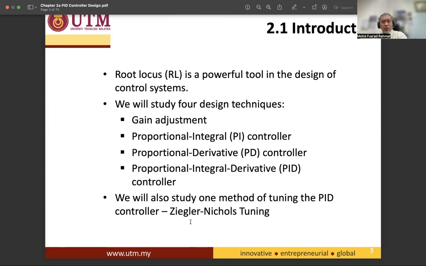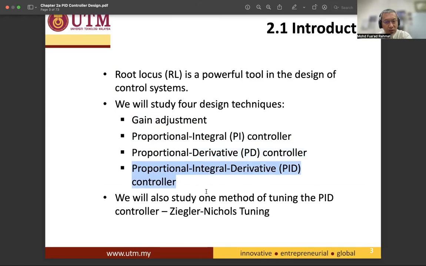As you know, root locus is a powerful design tool in control systems. Using this tool, we will design gain adjustment, or P controller. Other names are PI controller, PD controller, and PID controller.